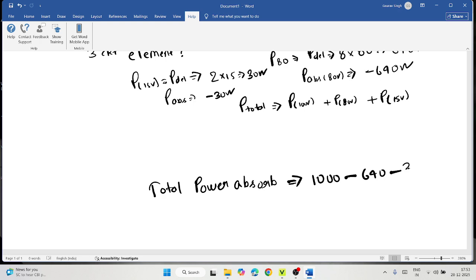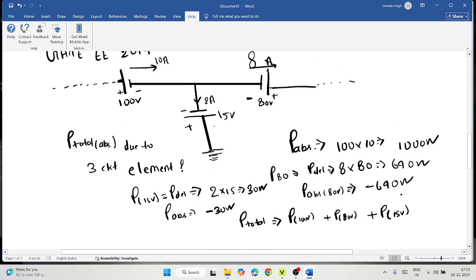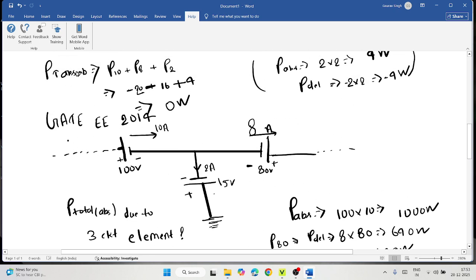After solving this, the answer is 330 watt. This is the answer to the question. This question was asked in GATE 2014.